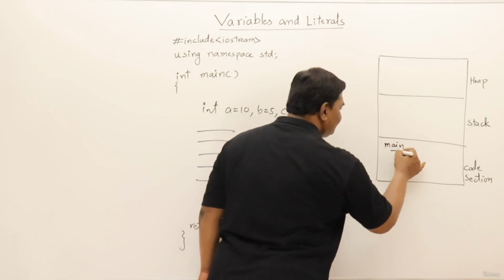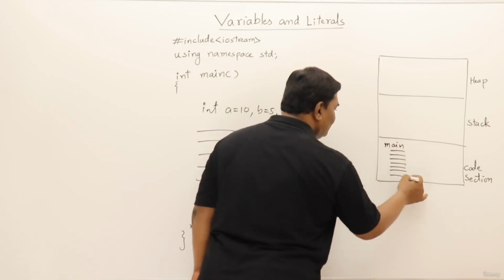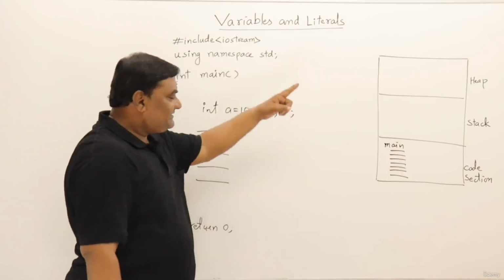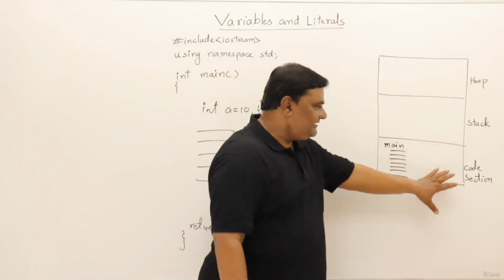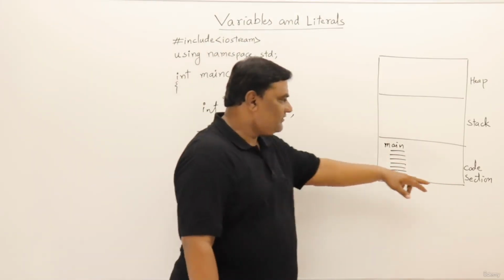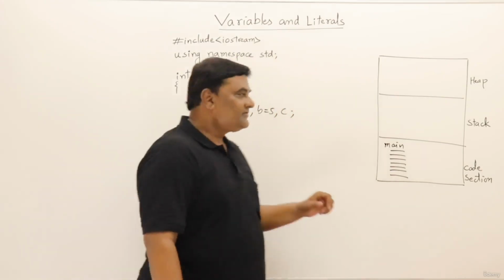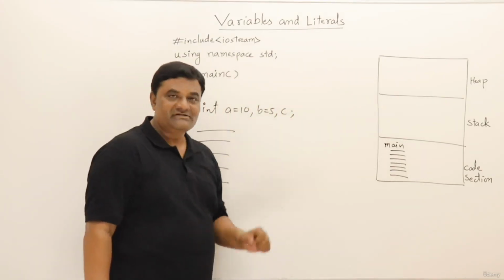So I will write just this main function. So this is the machine code, assume that. So inside the main memory, an area in which this machine code is loaded is called as a code section. So program has to be loaded in the code section.